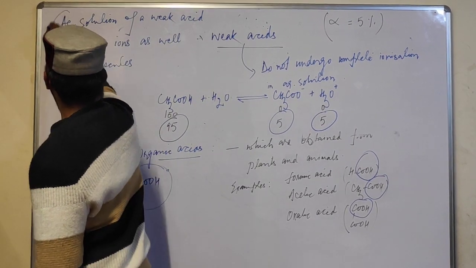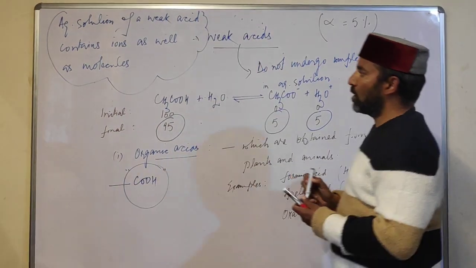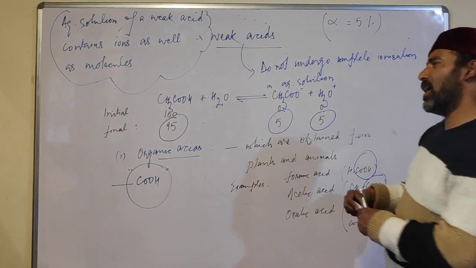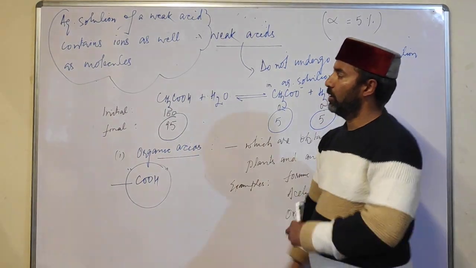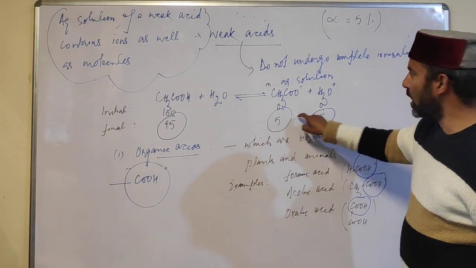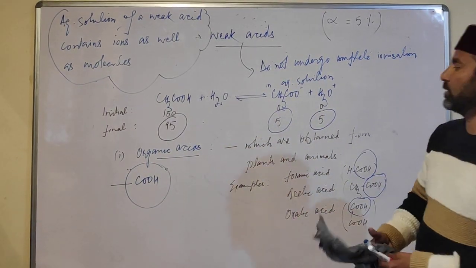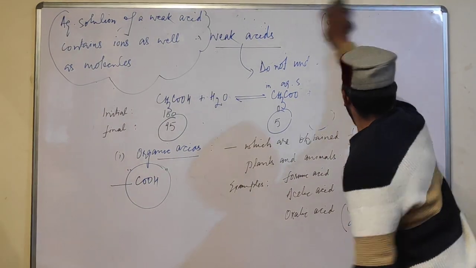So this is a very very important point, that एक weak acid का जो aqueous solution होगा उसमें ions और molecules होंगे, but look, the concentration of ions will be very less. Why? Because they are weak and they form only very few ions.